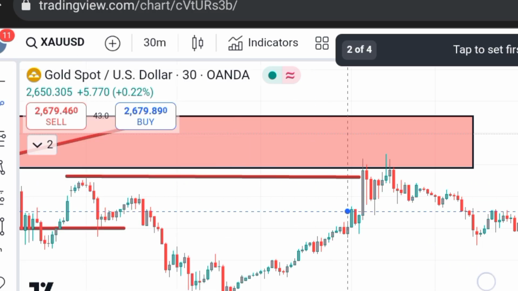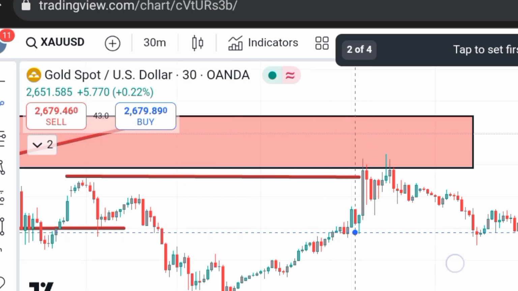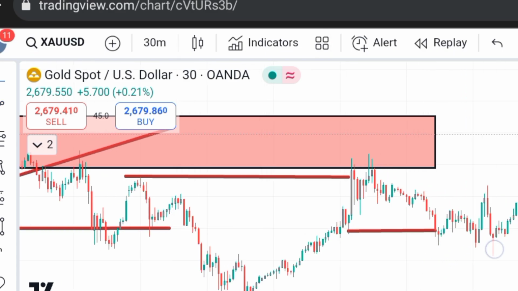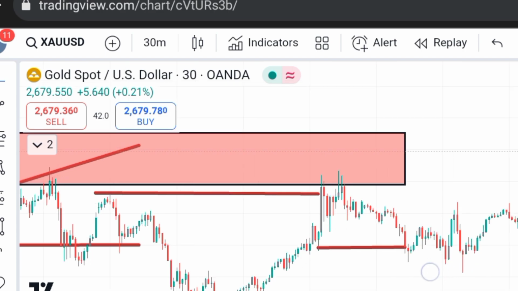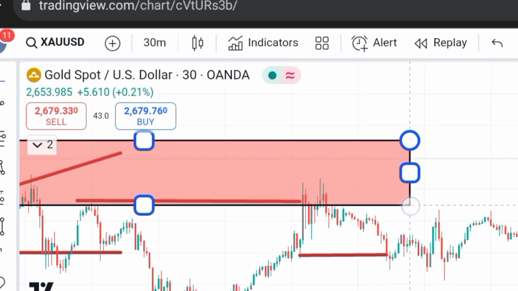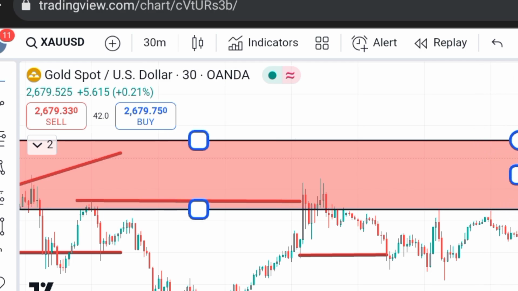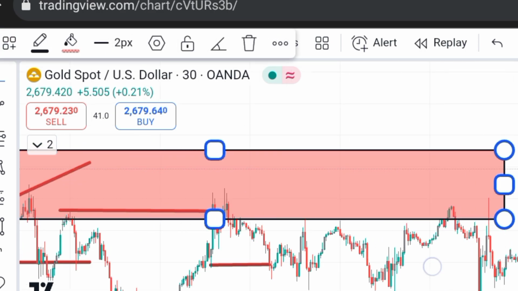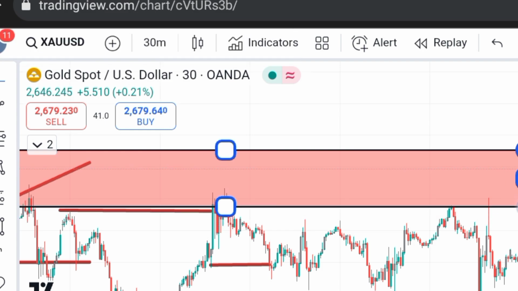Once the market breaks structure, that shows you that the zone is very strong. We can see it broke structure to the downside. Now this zone here becomes your point of interest. You stretch it forward and wait for the market to come in. So you place your trade right there.